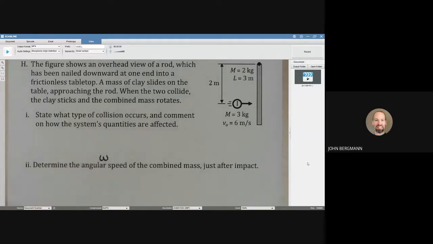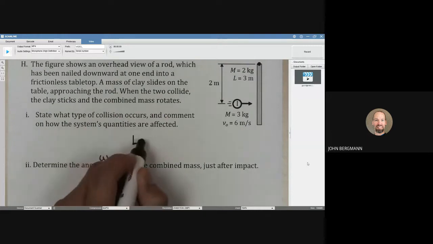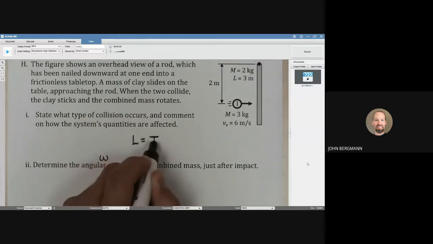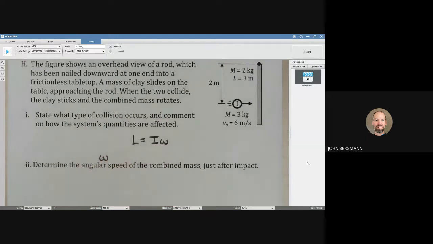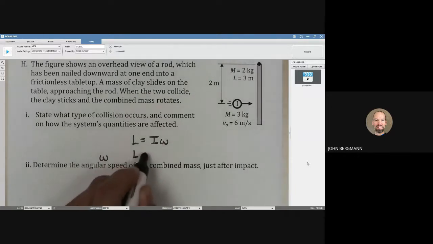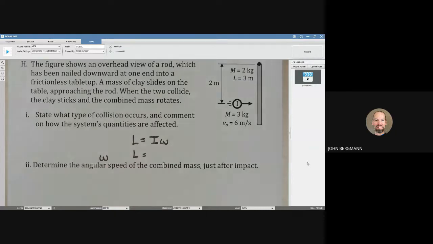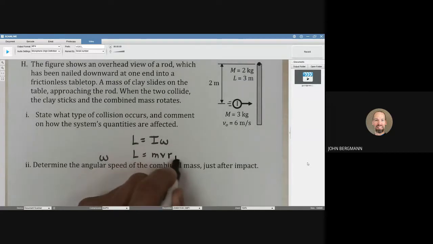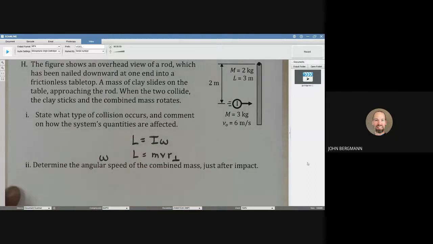Angular speed is omega, and we remember a couple of equations for angular momentum. One is that angular momentum is the moment of inertia multiplied by the angular velocity. Another one, for a mass that's moving in a straight line, is m v r perpendicular.